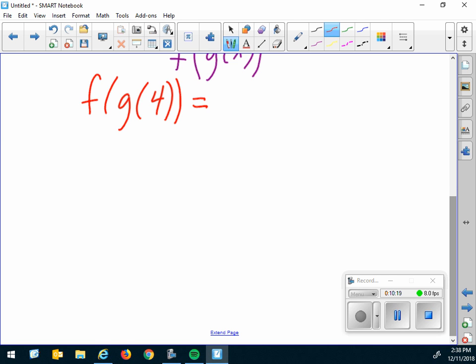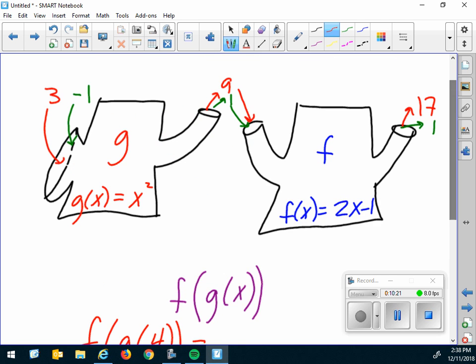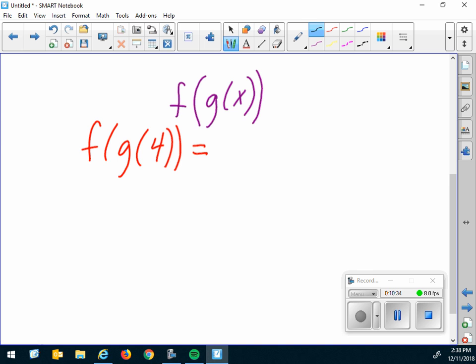G. So we're going to go up here and we're going to do g of 4. We're going to g it. What comes out? So, look at this. What is g of 4? 16.